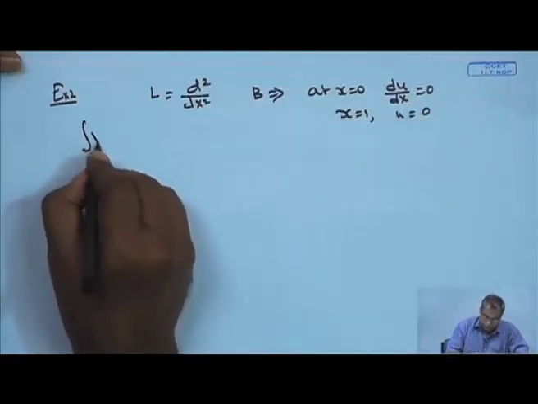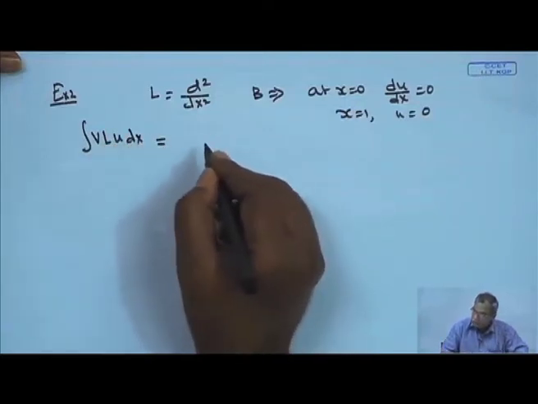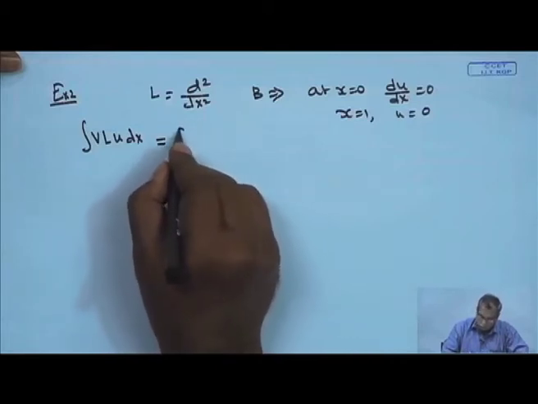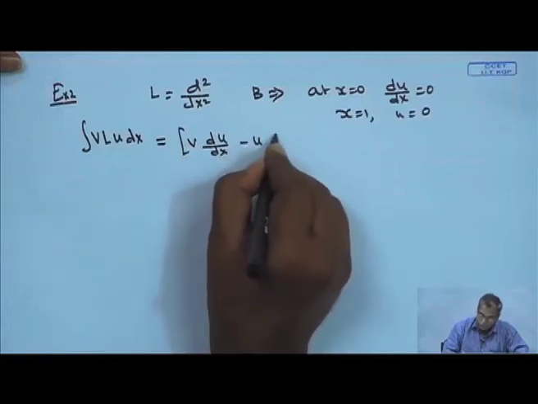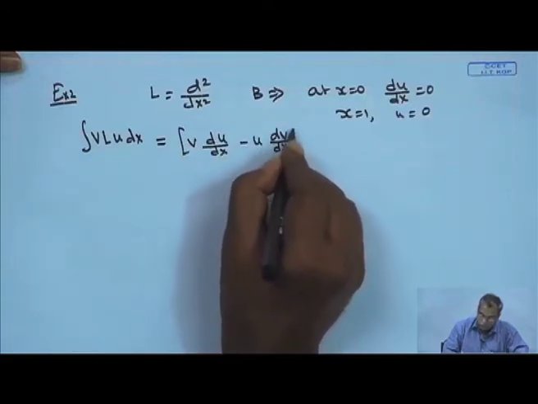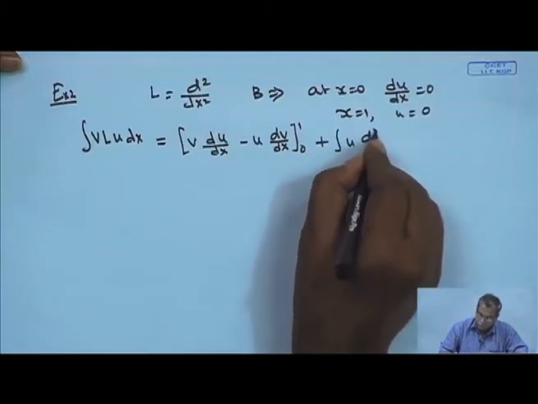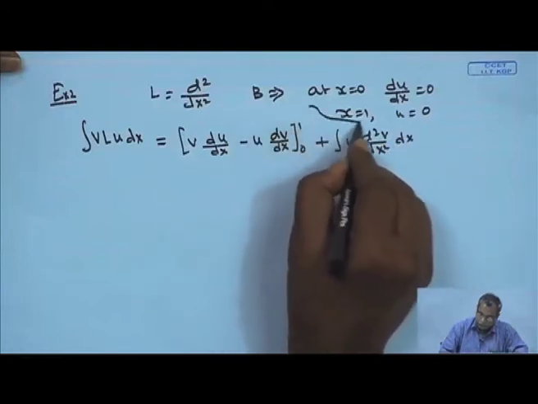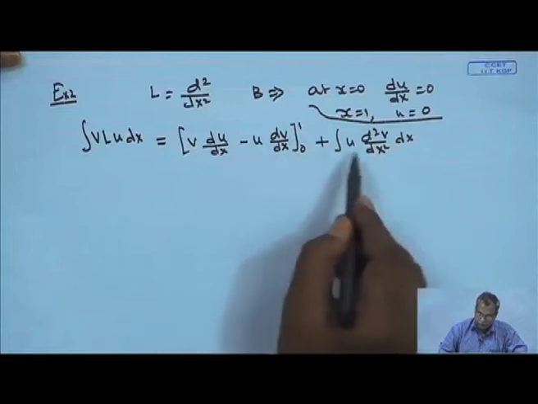So, let us integrate v L u dx, and ultimately what we will be getting is v du/dx minus u dv/dx evaluated from 0 to 1 plus integral u d squared v by dx squared dx. So, all the algebra remains same. Now, it will start showing difference from this point on.